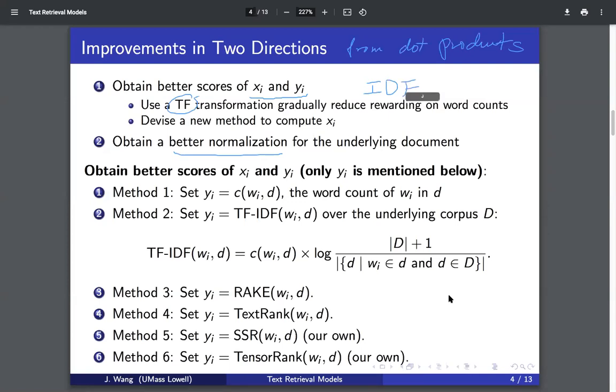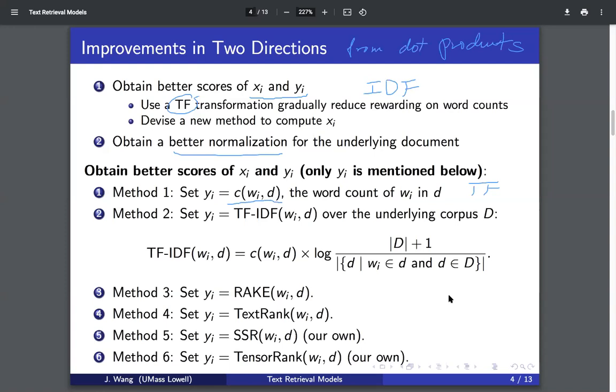I'm listing a few things here. The first one is term frequency, that's the word count. Then the inverse document frequency and term frequency are combined together to come up with a measure, and that measure is called TF-IDF.